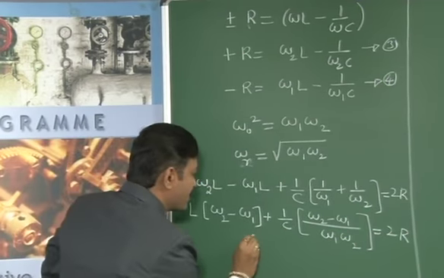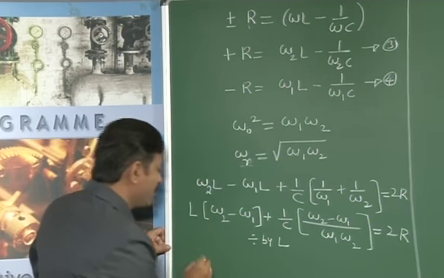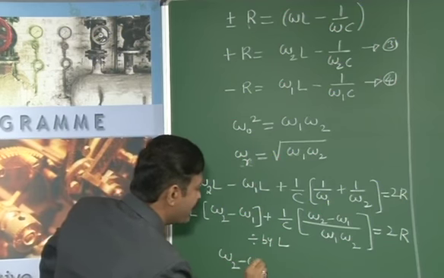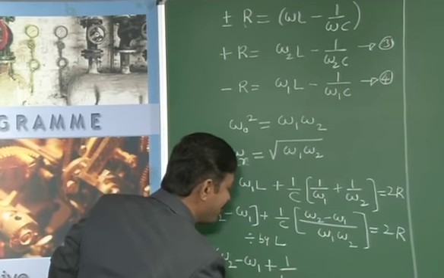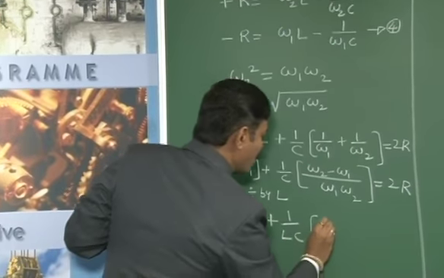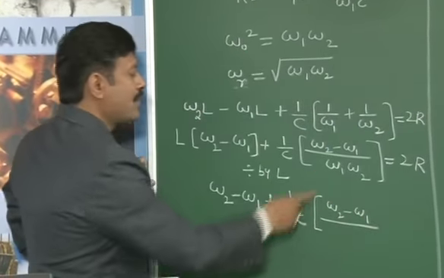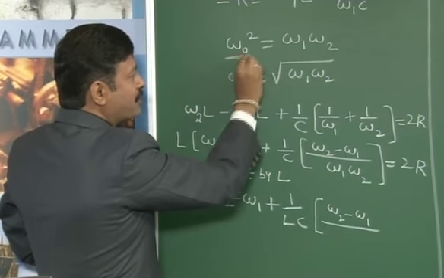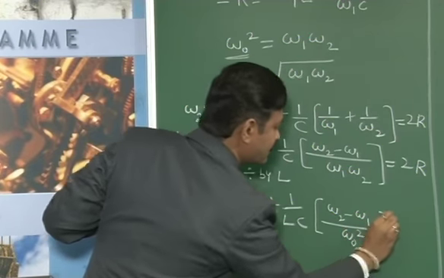Divide this expression by L. So, L and L cancel each other. Omega 2 minus omega 1 plus 1 by LC into bracket omega 2 minus omega 1 divided by omega 1 omega 2, and I will substitute omega 1 omega 2 with omega naught square.